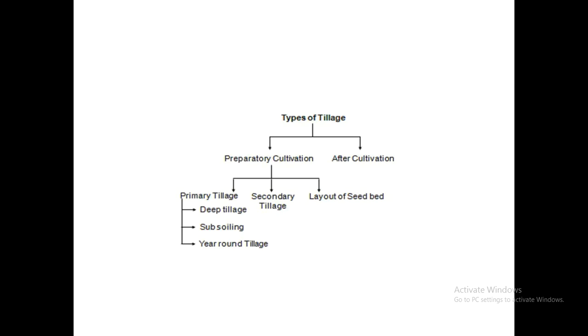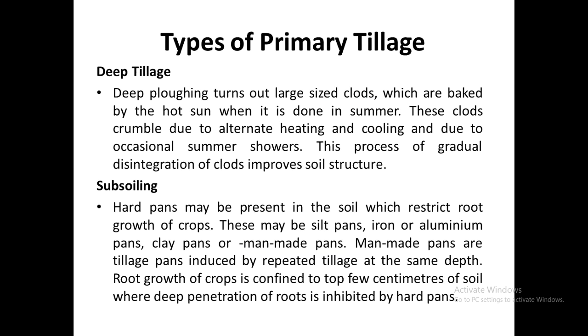Under primary tillage, we have deep tillage, subsoiling, and year-round tillage. Deep tillage is nothing but the plowing of the large-sized clods in the soil in the field. They are generally caused due to high temperature and alternate heating and cooling of the soil.